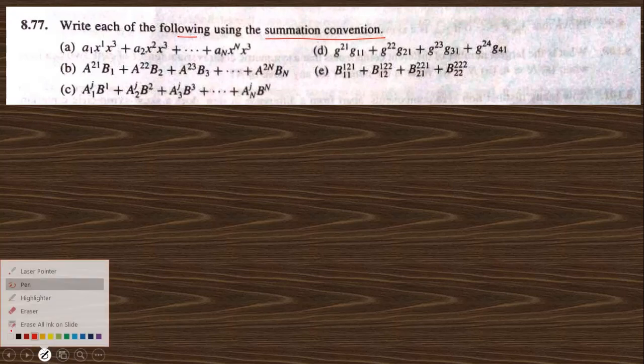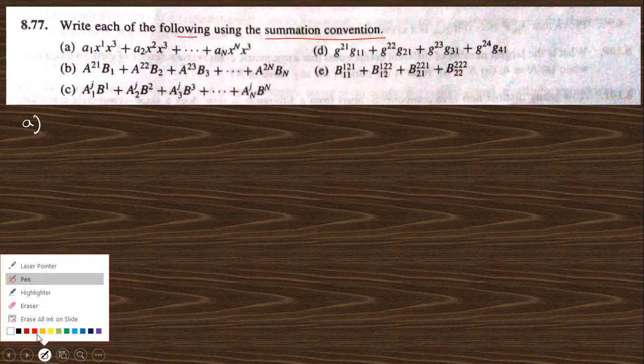8.77, which says: write down each of the following using summation convention. If you want to write in the summation convention, you look for the repeated index. Here you can see the index changes, but a3 is constant. So the index running from 1 to n is the dummy index, and 3 is the free index.